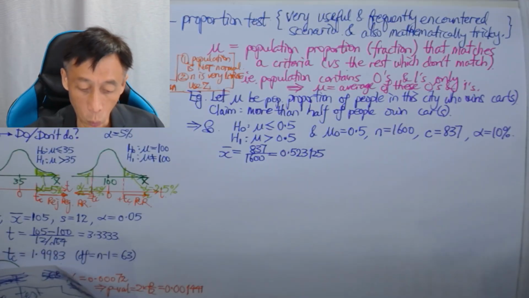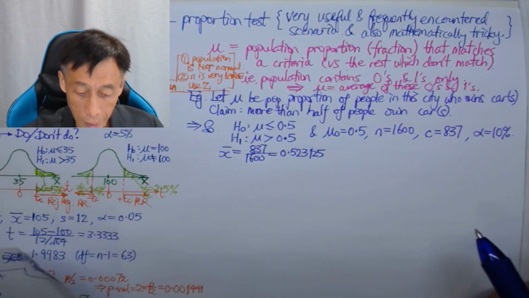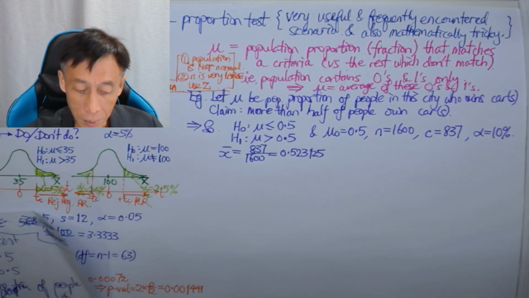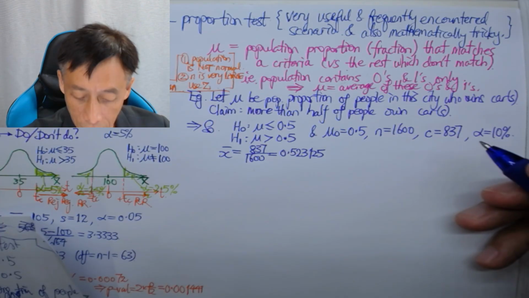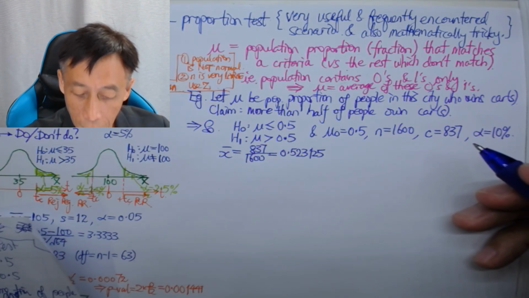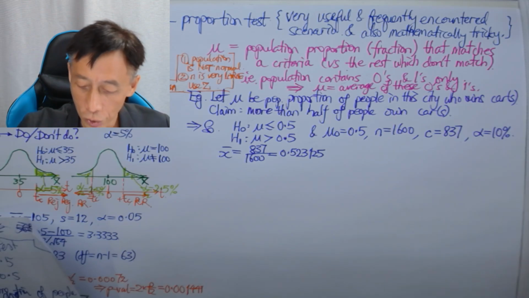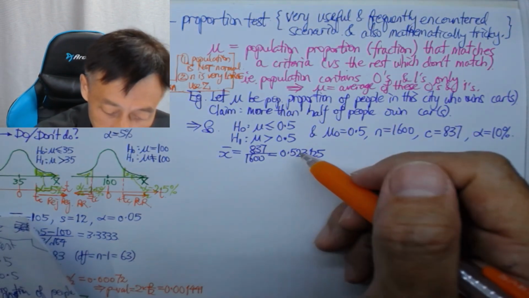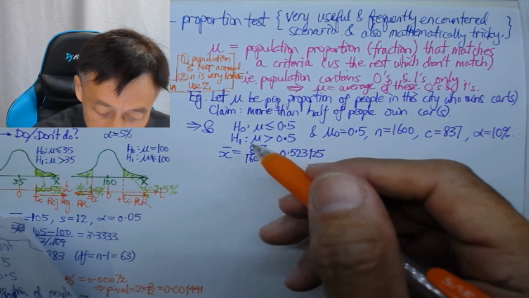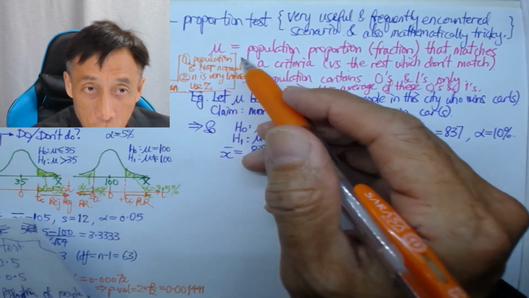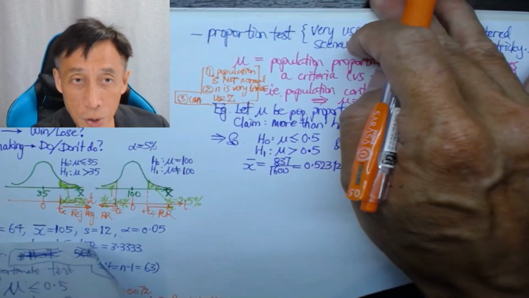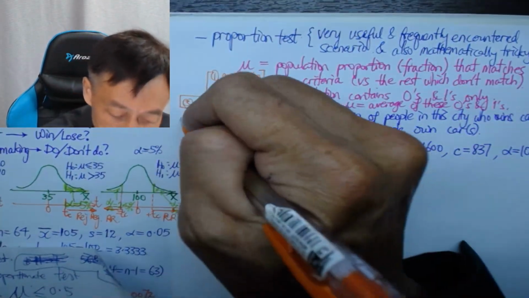Where's the sigma? Well, the sigma is, in this case, found by the knowledge of the shape of the population X. The shape of the population X, as I mentioned earlier on, is Bernoulli, right?